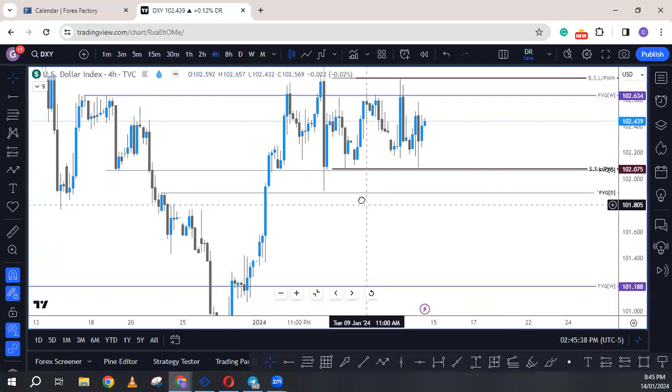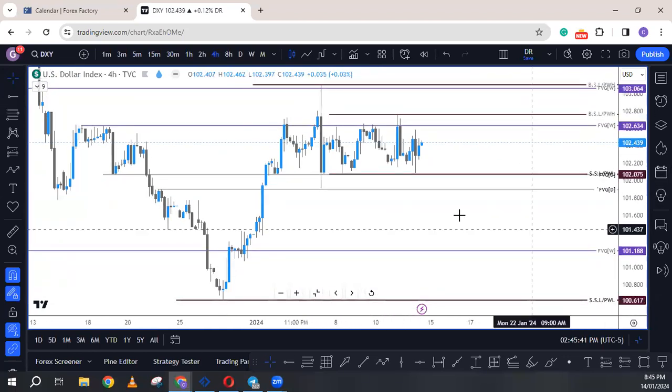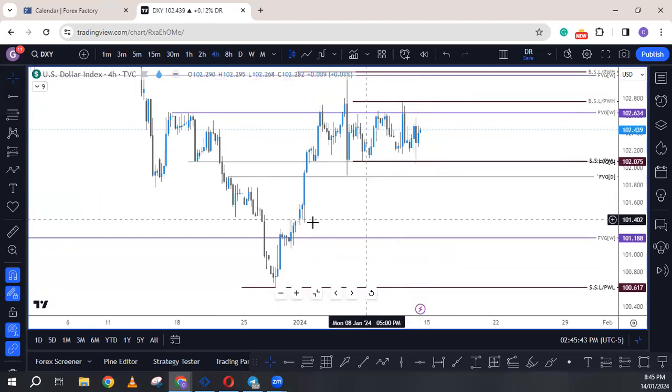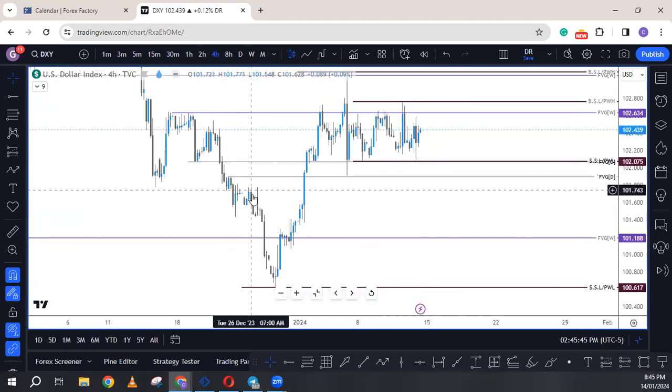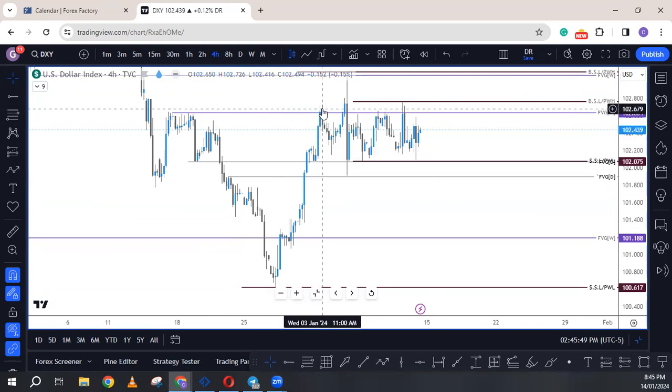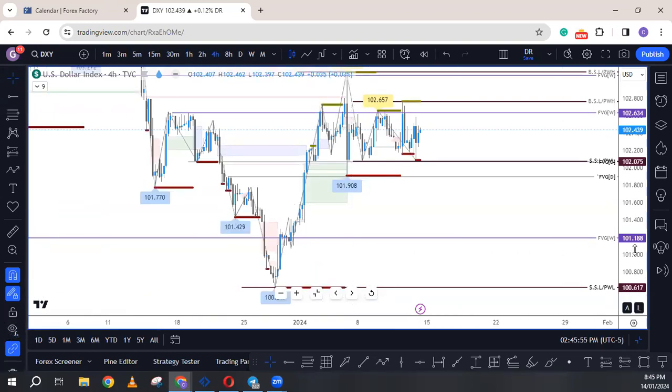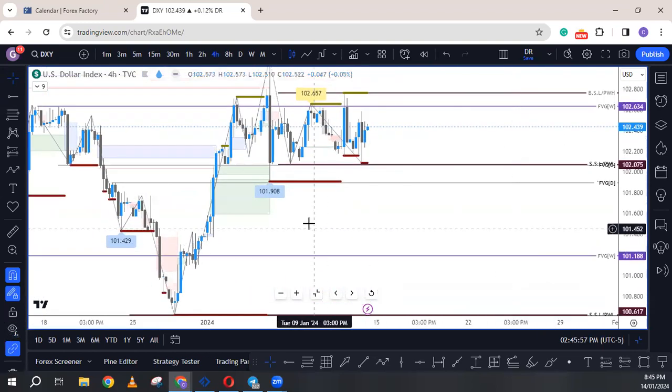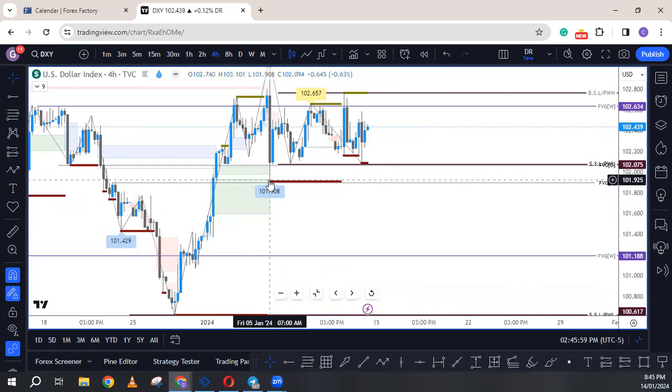But there's something we should not forget here. This area has been broken by this move. There's this low, and if I pull back my indicators that show me my fair value gap, there's this fair value gap below the low.